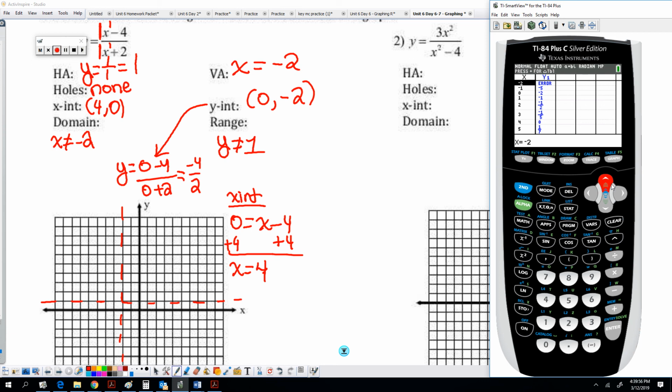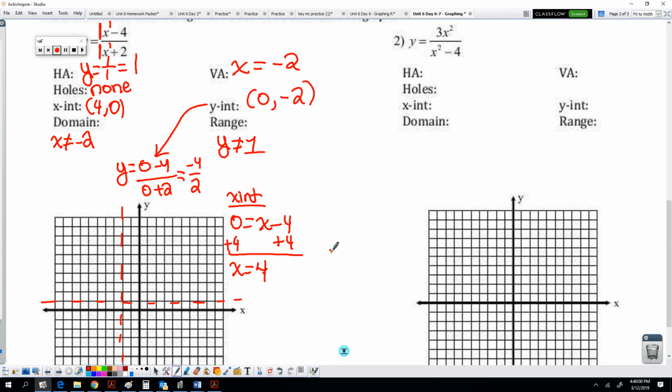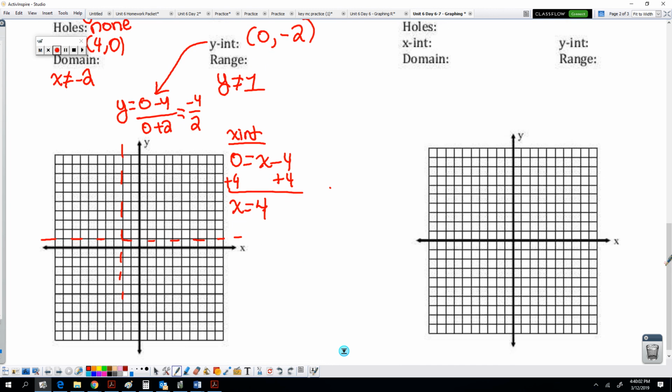So I have (-1, -5). Okay, and I know my y-intercept. All right, so that's what one part looks like.